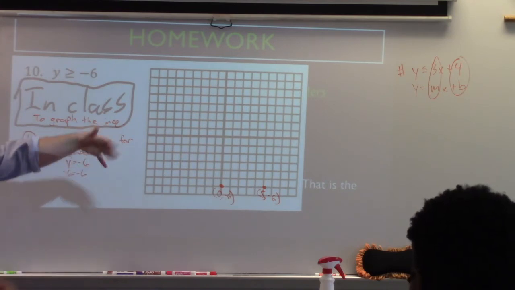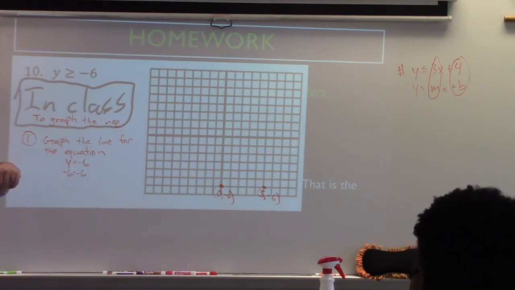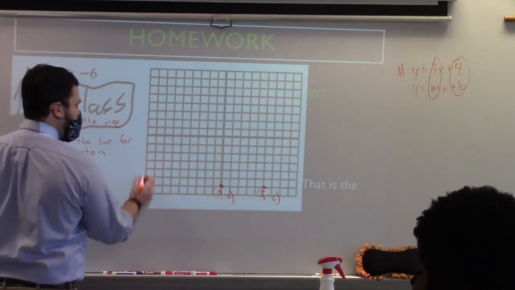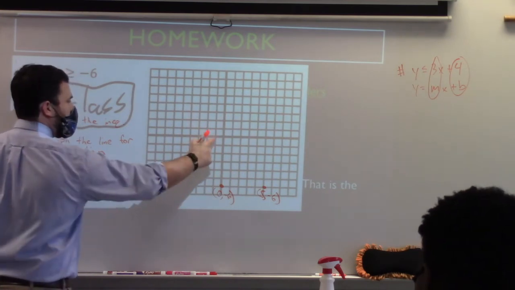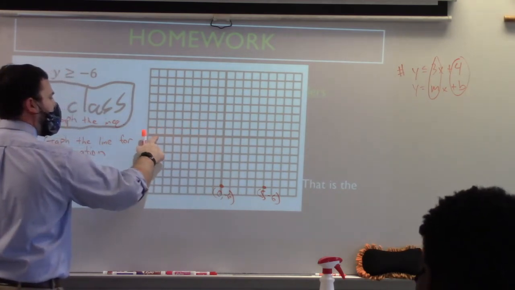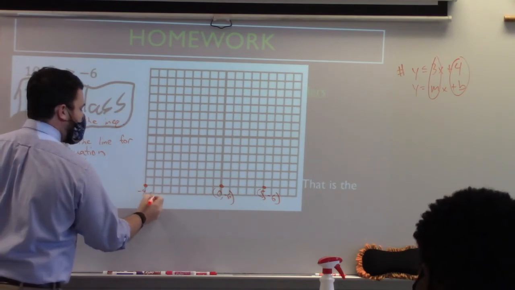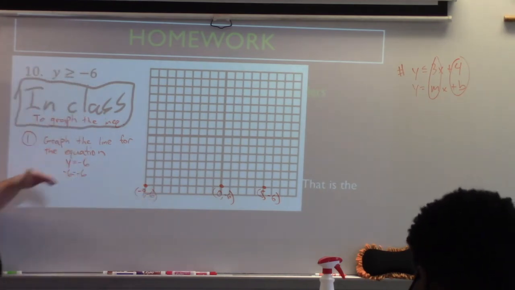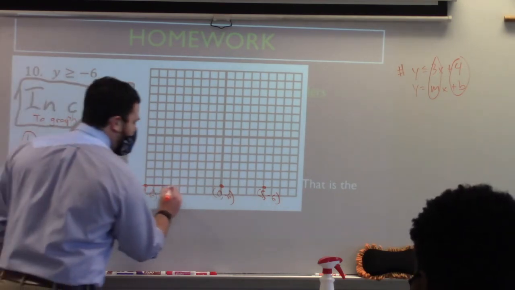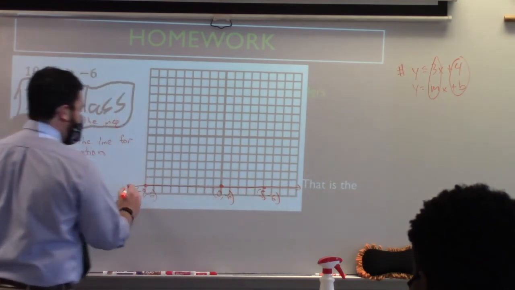Yes. So will that point make the equation true? I could even come all the way over to here. 1, 2, 3, 4, 5, 6, 7, 8, 9. That's negative 9, negative 6. Does that point also make the equation true? So notice, what shape have I now created? A line, right? There is the line for y equals negative 6.